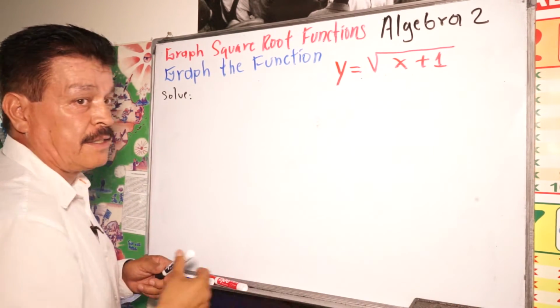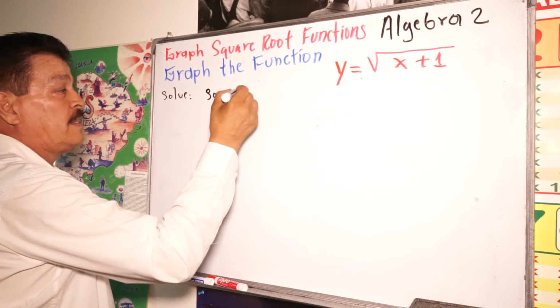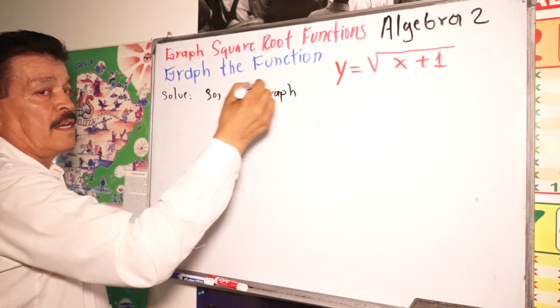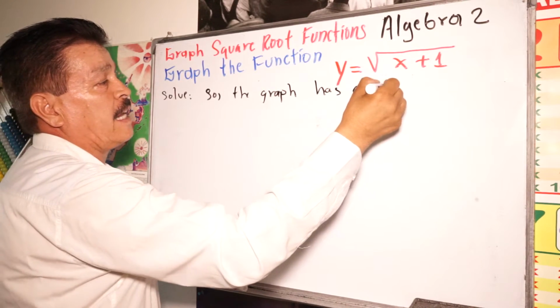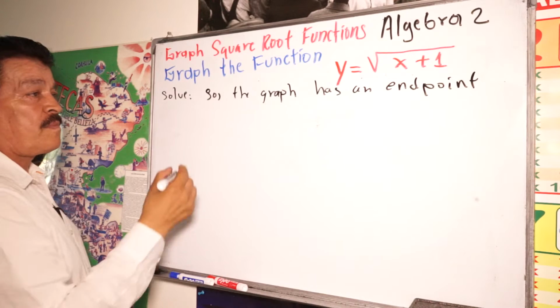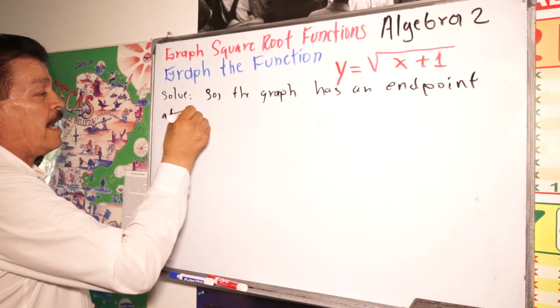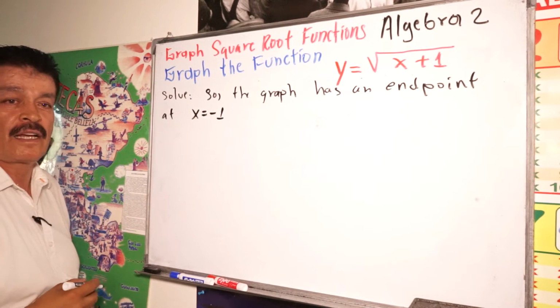So here, the next step. This graph has an endpoint. Remember the number that we got, x equals -1.